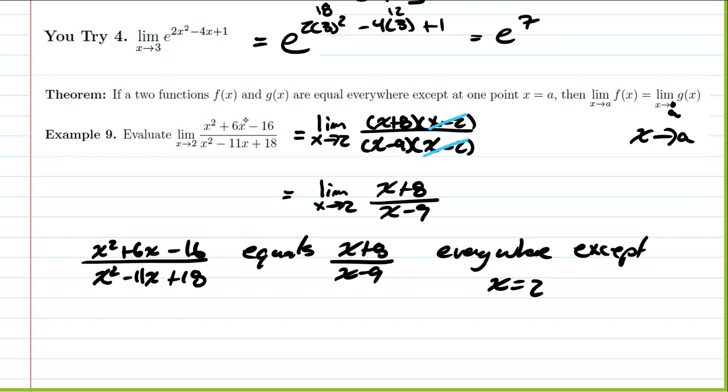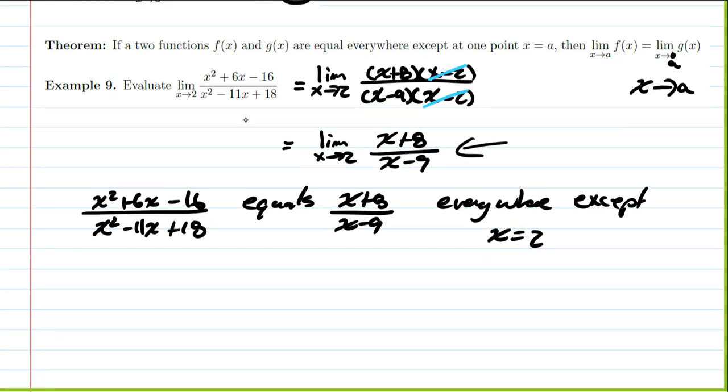So we'll notice in the original, can you just plug in 2? No, because you would be dividing by 0. But in our simplified version here, if I plug 2 in, do I get 0 in the denominator anymore?